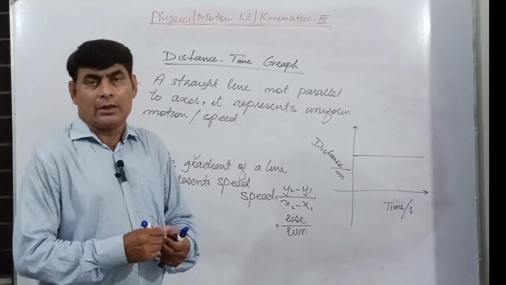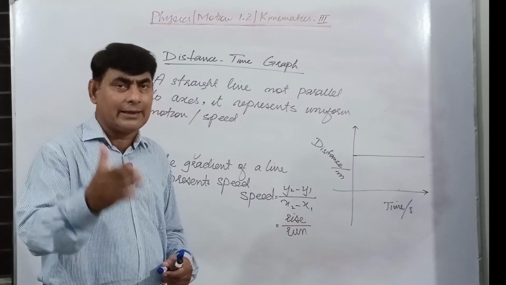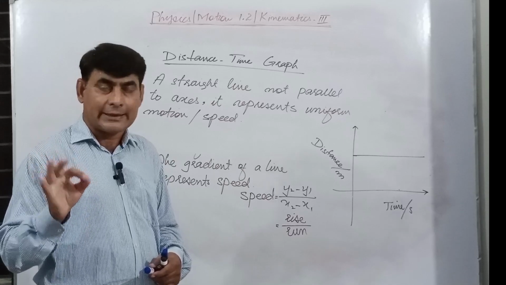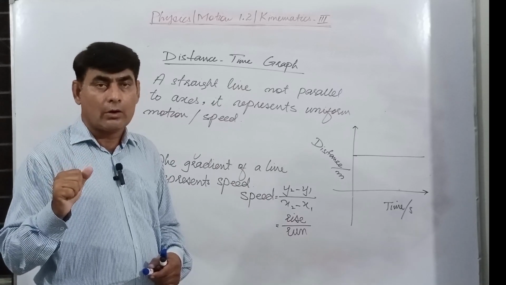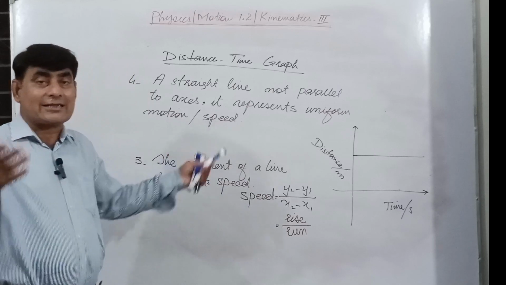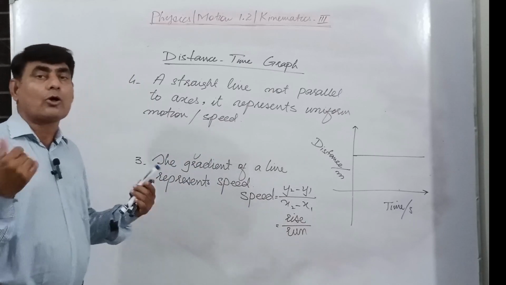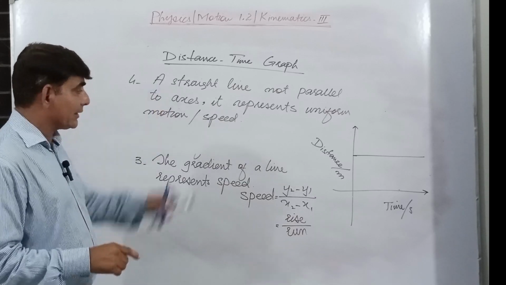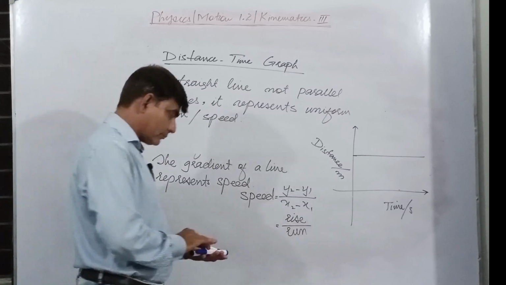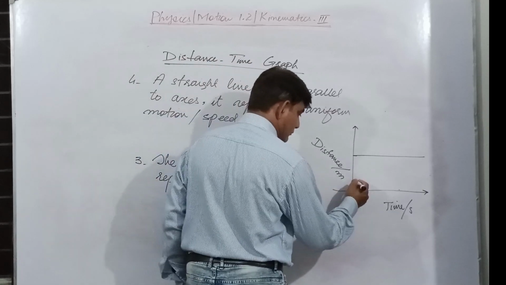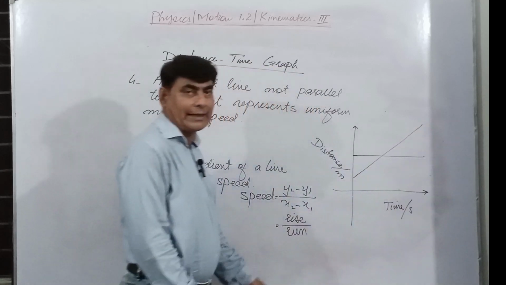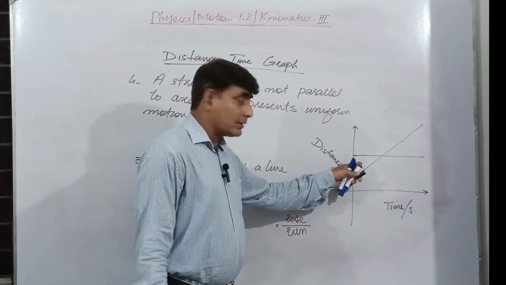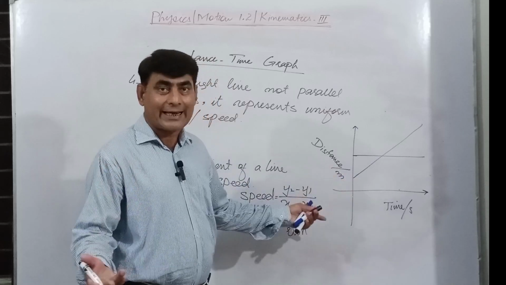to say equal distances covered in equal intervals of time. So no change in speed, or constant speed, uniform speed. So the graph of this is a straight line like this, sometimes passing through the origin, sometimes not passing through the origin, it's okay.